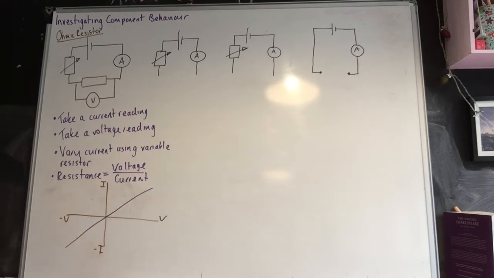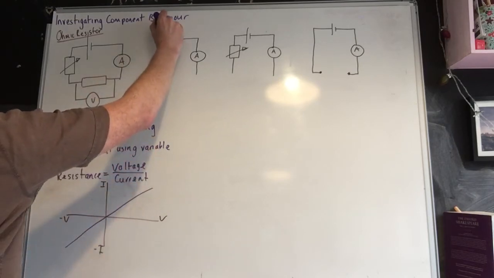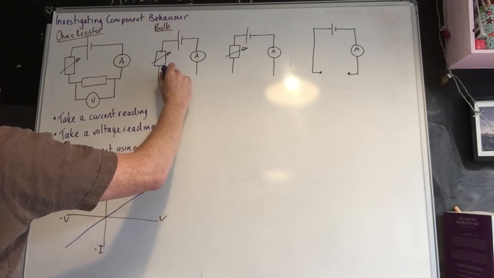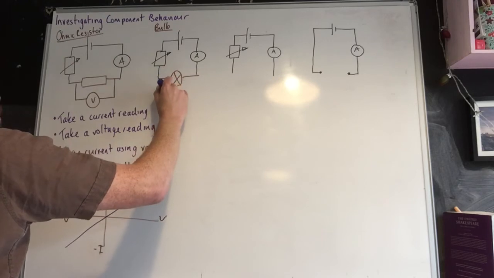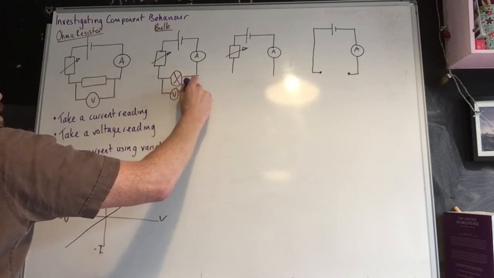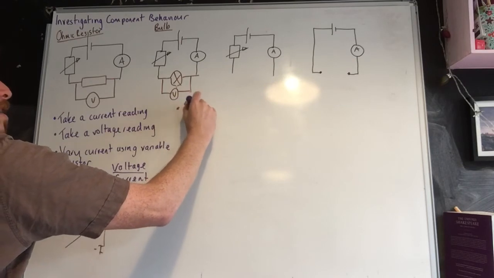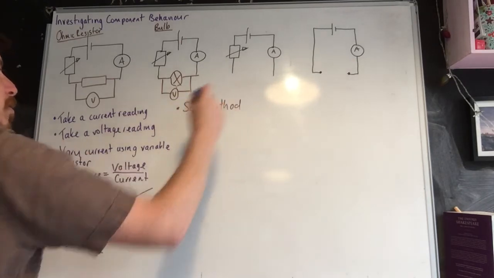Right, okay. Now if you're asked to do the same for a bulb, exactly the same circuit, except we draw a bulb in its place this time. In terms of this, it's exactly the same method. So there's no different method to learn.